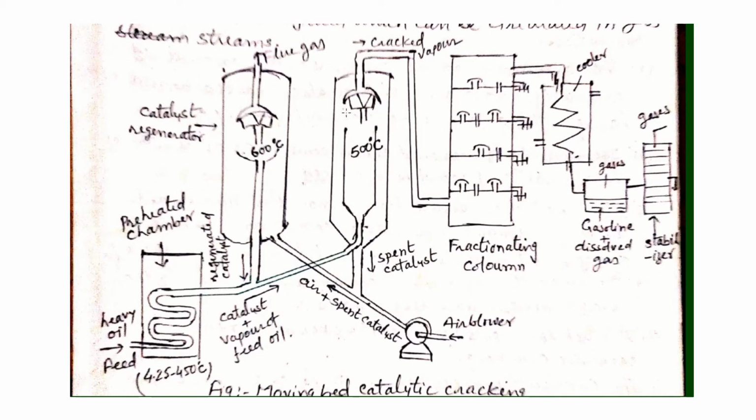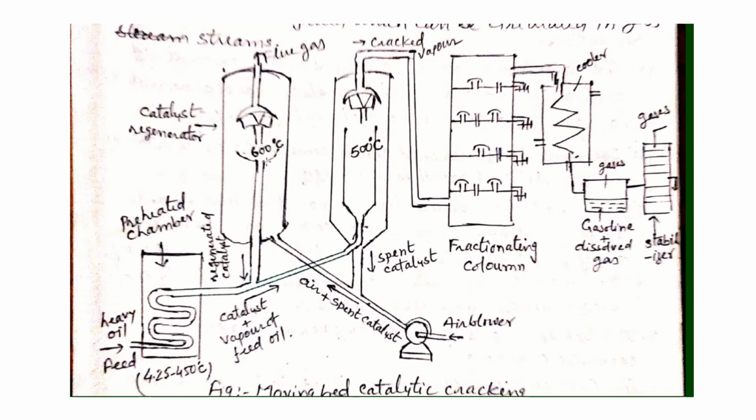Once this catalyst moves from upward to downward and comes to the bottom of this chamber, through this outlet it comes down here, and this pipe is connected with the air blower, so air will blow. During cracking, as we know, carbon deposits on the catalyst surface, so the catalyst having carbon on its surface comes down here, and we blow air with pressure, so this catalyst moves into this other chamber.